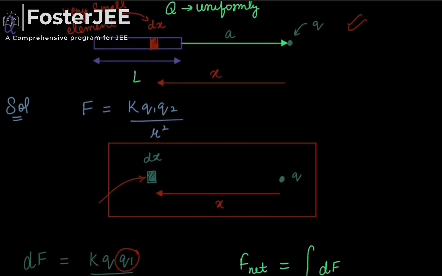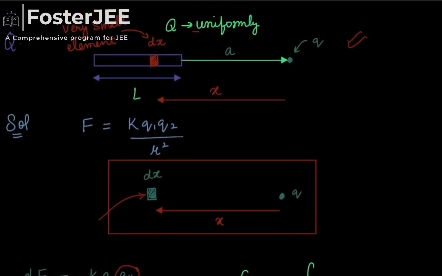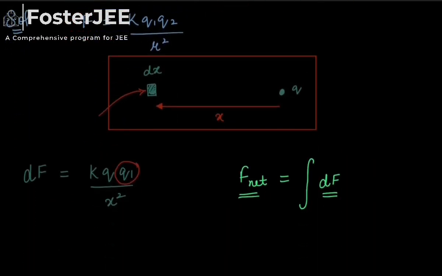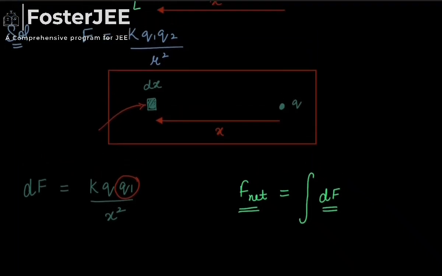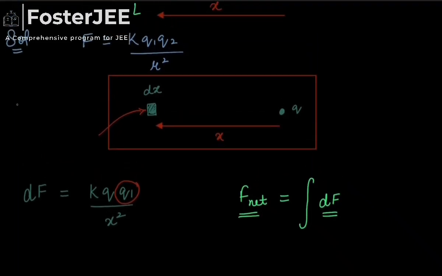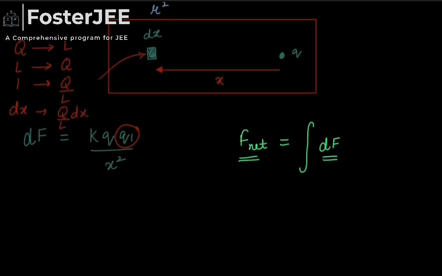Now since in the question it was stated that q is uniformly distributed over its length, by the unitary method we can say if charge q is distributed over L, that means length L has the charge q. One length will have the charge q upon L, and dx length will have the charge q upon L into dx.